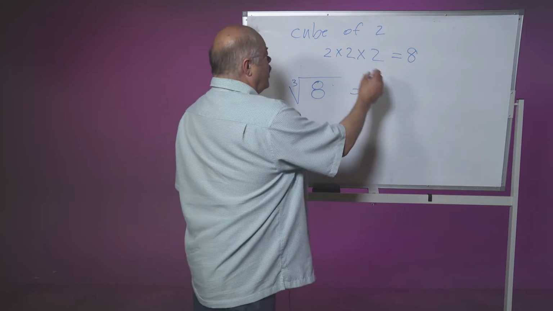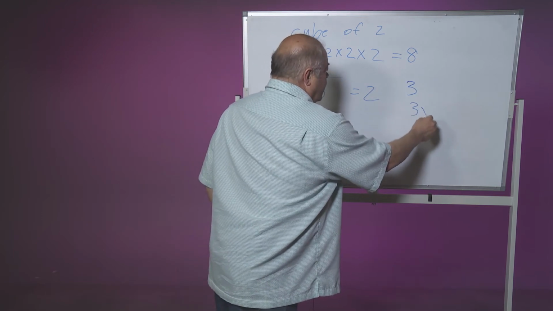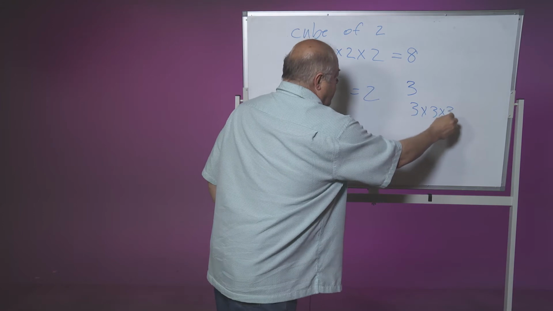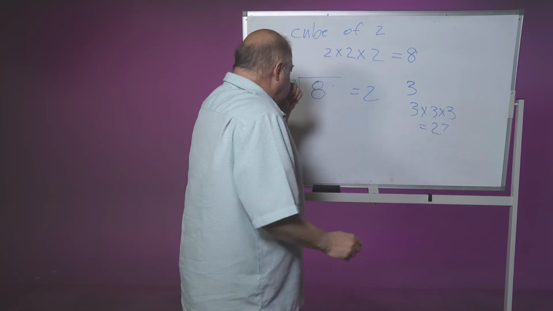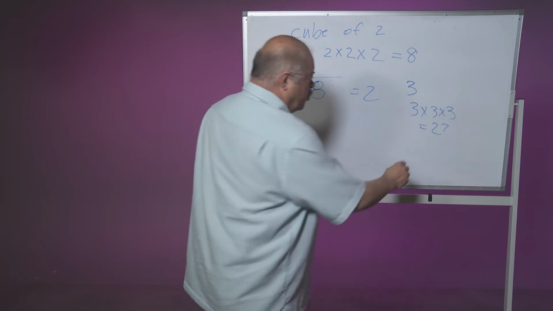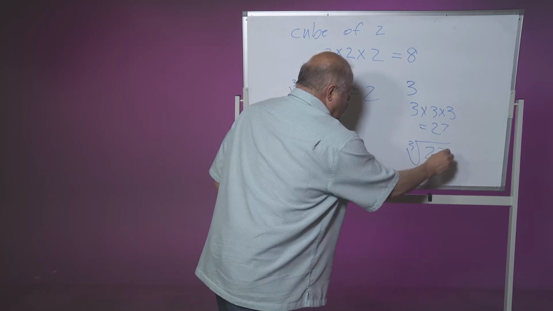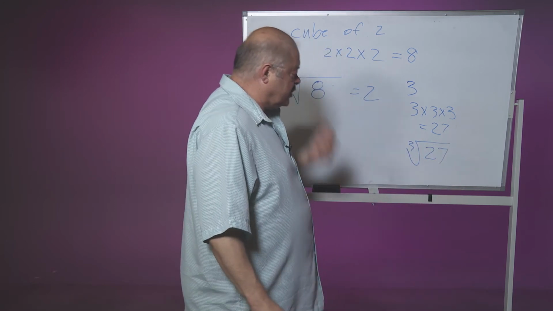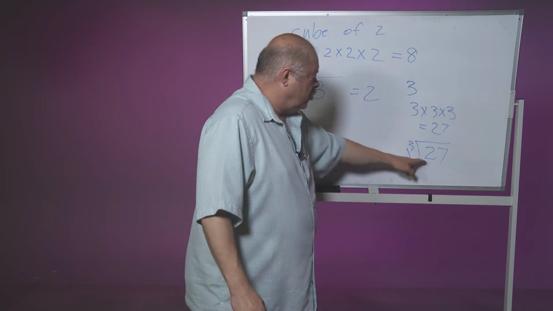The cube of 3 is 3 times 3 times 3, which is 27. The cube root of 27 just means what number times itself, a total of 3 times, would give you 27.